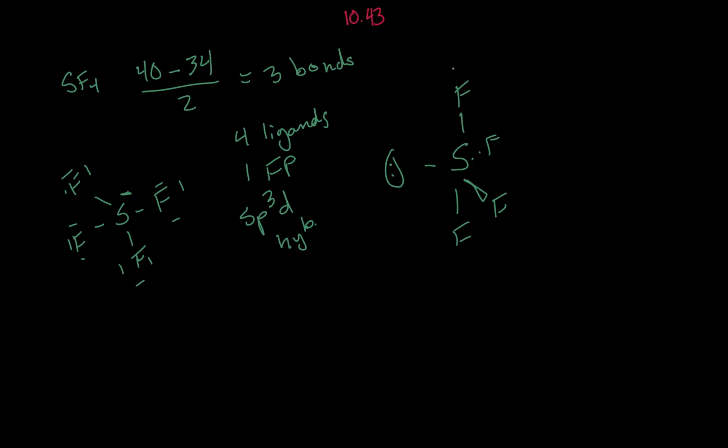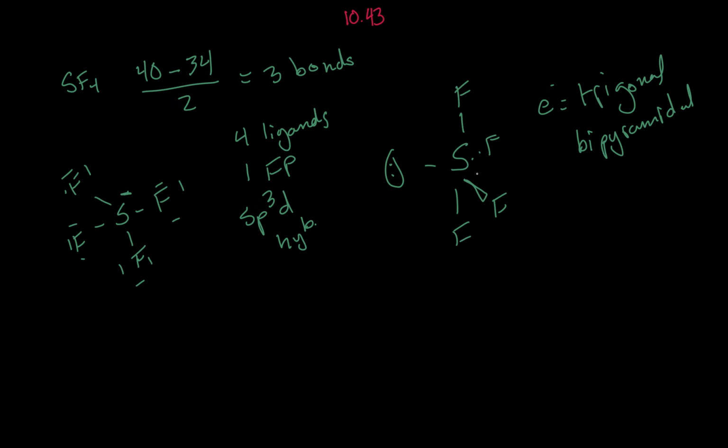It wouldn't really matter where, you're just flipping the thing no matter where it goes, right? So that's the electronic geometry. So the electronic in this case would be equal to trigonal bipyramidal, I think is what you'd call that. Trigonal bipyramidal. All right, so you get the triangular pyramid there and there.